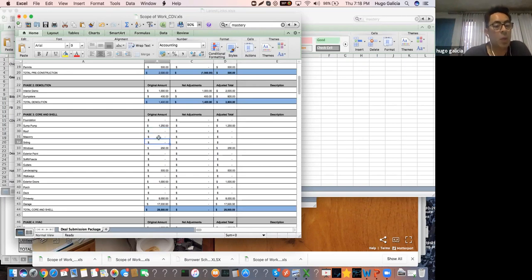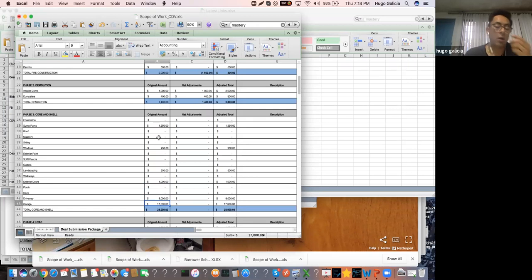Masonry, siding, windows. This is what I was telling you about windows. Windows is like $250 each. Exterior paint, soffit, fascia. This could be expensive. Gutters, landscaping. Landscaping could be at least 500, 600. It could go all the way to 1,000. Walkways, exterior doors, porch, decks, driveways, garage.